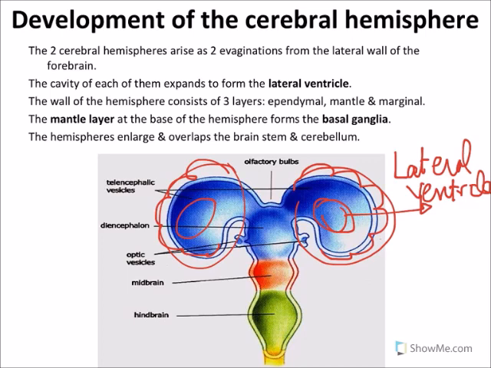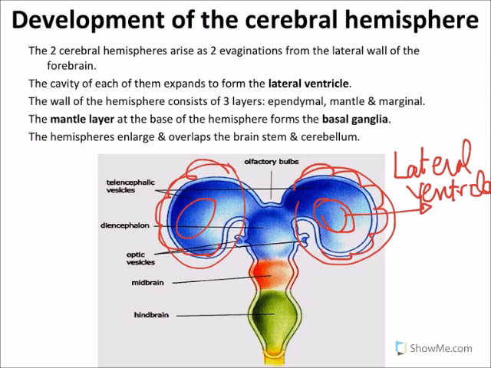So these vesicles will be developed into the cerebral hemisphere, and the cavity inside will be the lateral ventricle. If you remember the middle mantle layer of the neural tube, which forms the gray matter in the spinal cord. Inside the cerebrum, we have a collection of this gray matter, which is forming what's called basal nuclei of the brain.